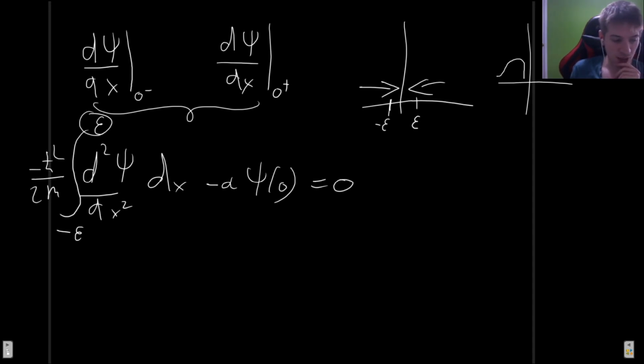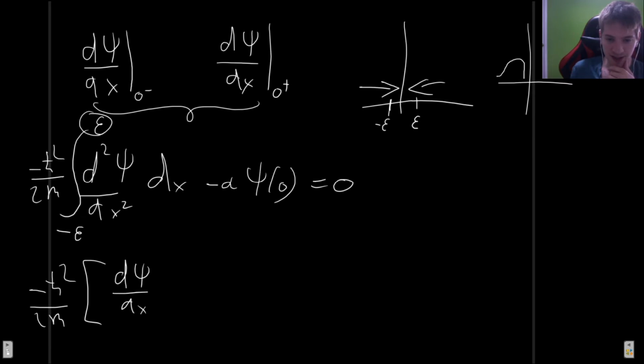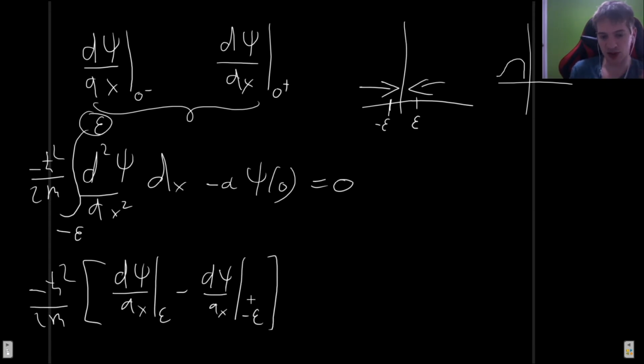Okay, so all that now remains is to determine the integral of this first term, but as we discussed at the beginning, this is just going to be this discontinuity of the derivatives, right? Because this is going to be minus h bar squared divided by 2m, and this is the reason why we decided to integrate the Schrödinger equation in the first place, because we wanted to get d psi dx evaluated at epsilon minus d psi dx evaluated at minus epsilon, because then when we take the limit of epsilon going to 0, this is just going to be the derivative with respect to x from the right side, and this is going to be the derivative with respect to x from the left side.